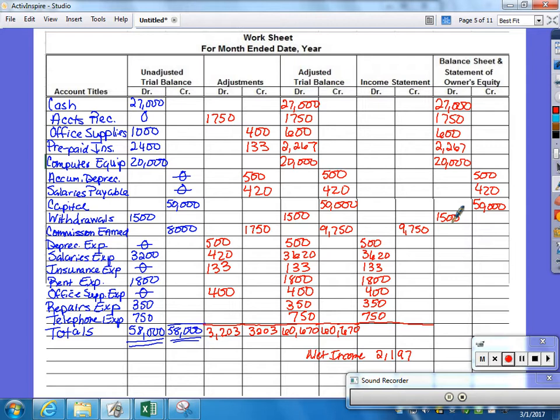And that's it for this row, except we're going to add net income at the end. So as of right now, 500 plus 420 plus 50,000 is 50,920.